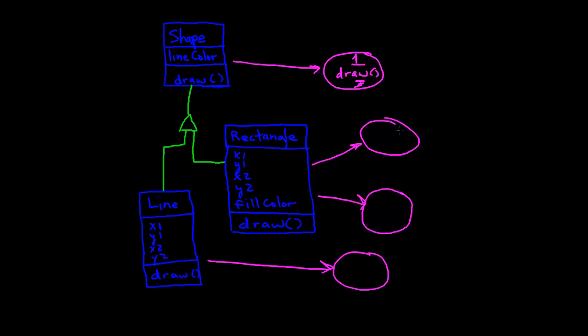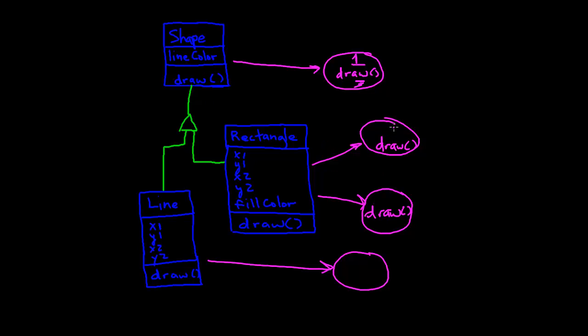The rectangle object, these 2 rectangle objects, have a draw method as well. Different implementation than shape. But the rectangle objects have 1, 2, 3, 4, 5 attributes in a rectangle, plus the 1 attribute that was inherited from shape, the line color attribute.